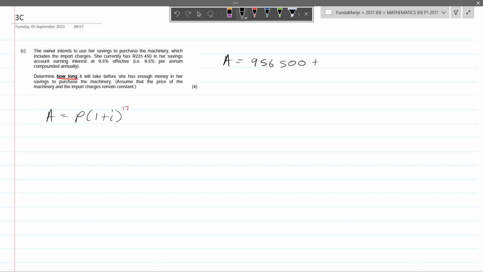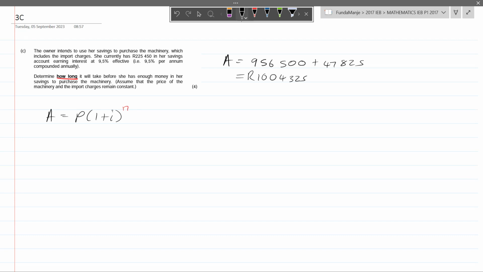So the import charge was 47,825. We add those two up and we get a value of 1,004,325. So this is our final amount that we want.